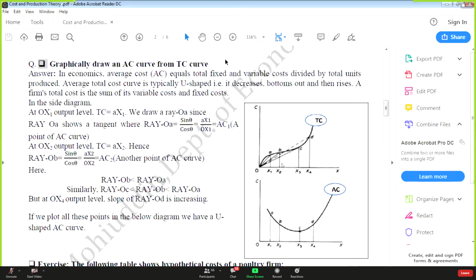The point is whether a producer actually can change all of the factors or not, like machineries and labor. If he can change, then he enters into the long run concept. But if at least one factor is fixed, then you say that he or she is still in the short run concept. Clear? Yes, sir.